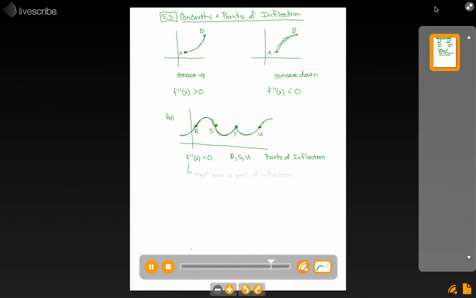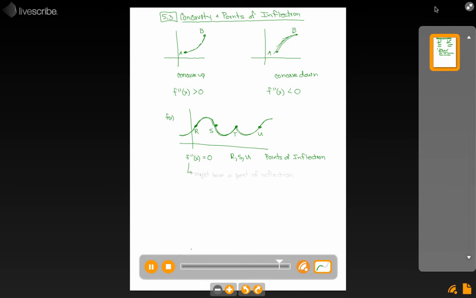While if something's going to be a point of inflection, it has to go from concave up to down, or from down to up. And so if you have a change in sign of the second derivative, you have a point of inflection. So what we do basically is find anywhere where the second derivative is 0.